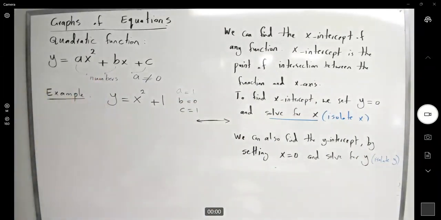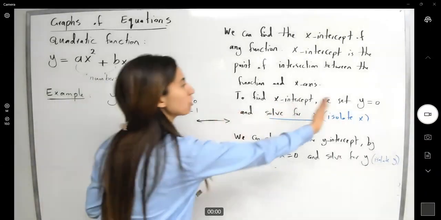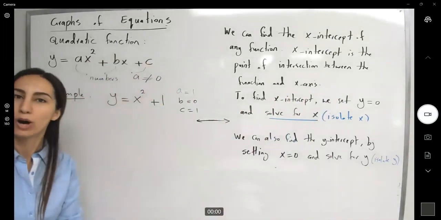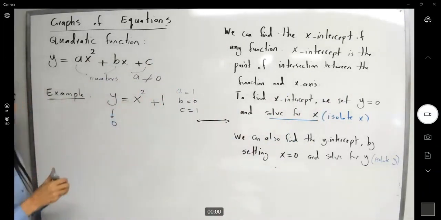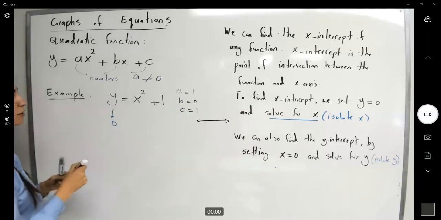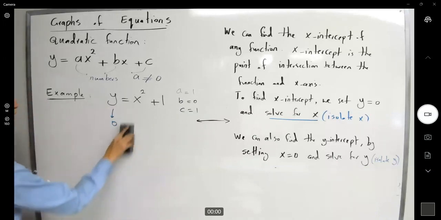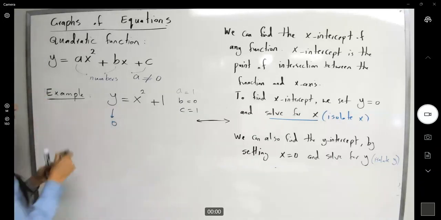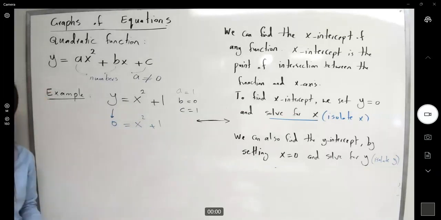So I want to find my x-intercept. To find x-intercept, I'm going to follow the definition. Set y equal to 0. What's left? On the right-hand side, I have x squared plus 1. Okay, it says x squared plus 1 is equal to 0.